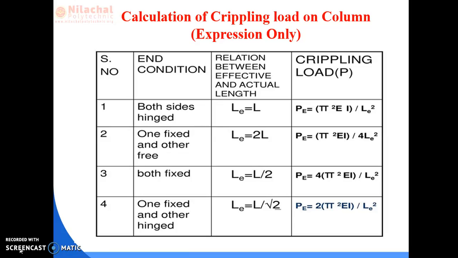Then what is buckling load and what is slenderness ratio. Slenderness ratio below 30 is a short column, above 50 it is a long column, and in between 30 to 50 it is known as a medium column. In this way we have completed chapter 6.